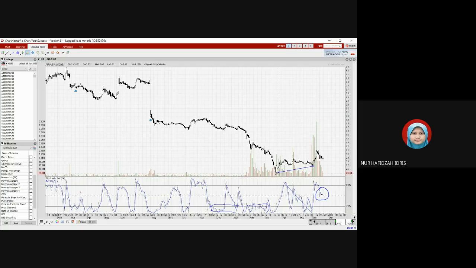So you kata dekat sini ada divergent in the stochastic. Price naik, oscillator stochastic turun. Okay, that mean the price for Asia, we predict that price akan jatuh. Okay, so to reconfirm price akan jatuh later.